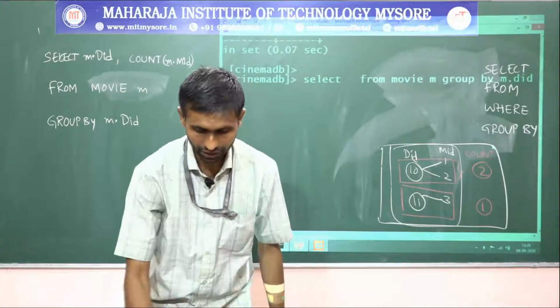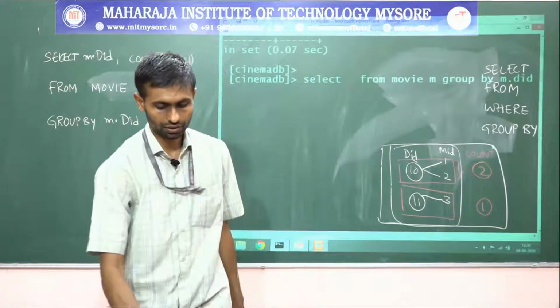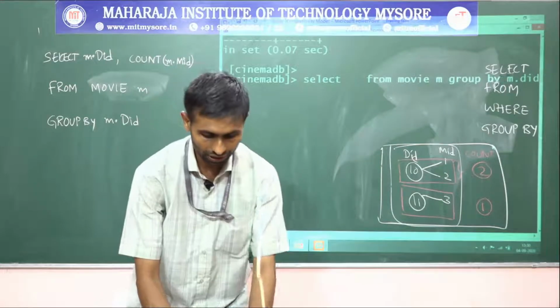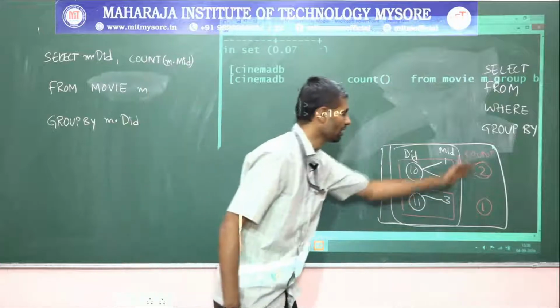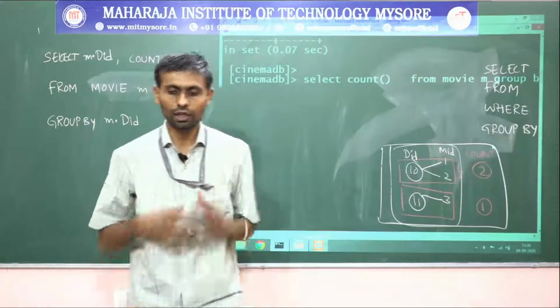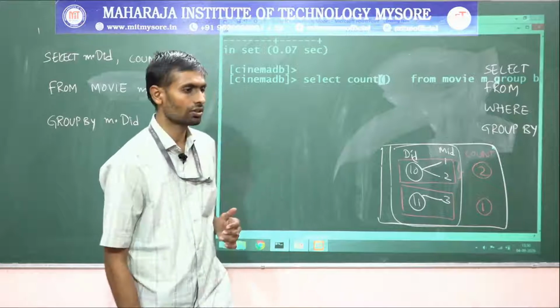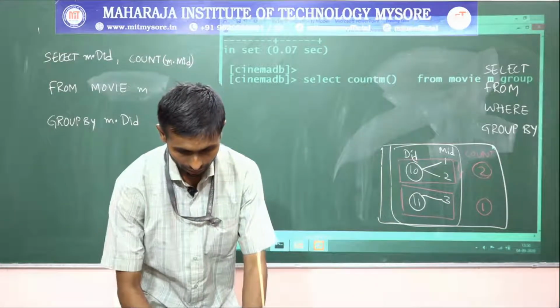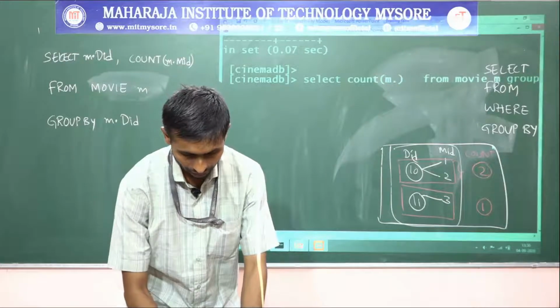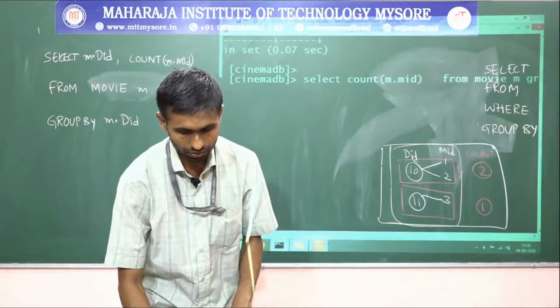M dot DID, fine. Then after that, we went to the select clause, then we counted. After grouping, we started counting. Then that count I want to display. What are we counting actually? We are counting the MIDs, right? So let me write M dot MID. This I want to count.